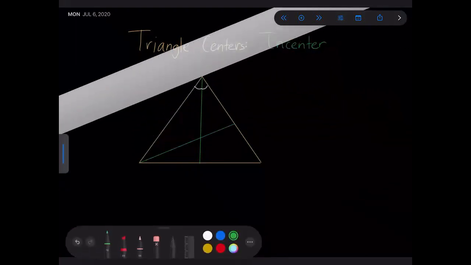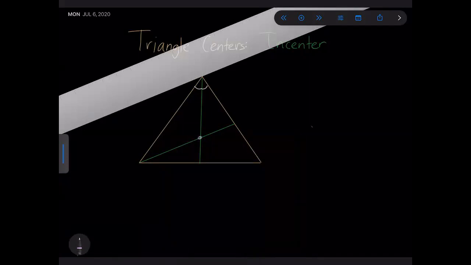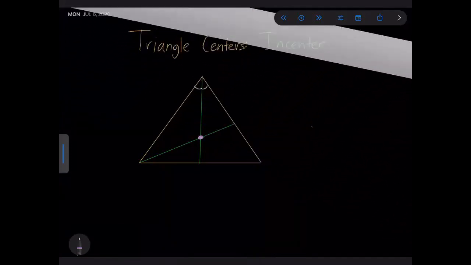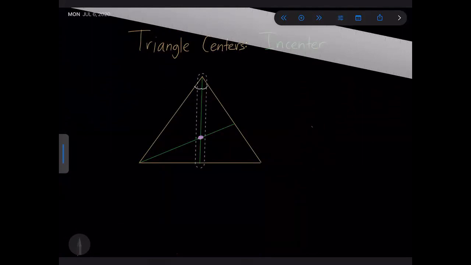So we know that two lines intersect at some point over here, and we're gonna highlight that in purple. So how do we prove that this third line intersects at that point? Well, let's take a look at what both lines mean. This line is equidistant from these two lines.